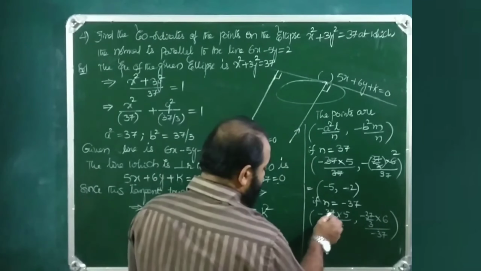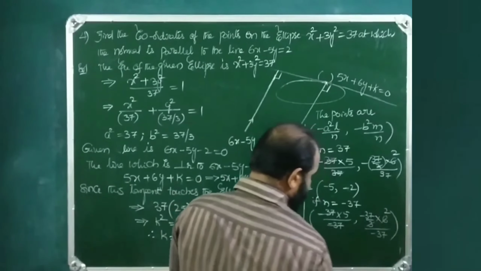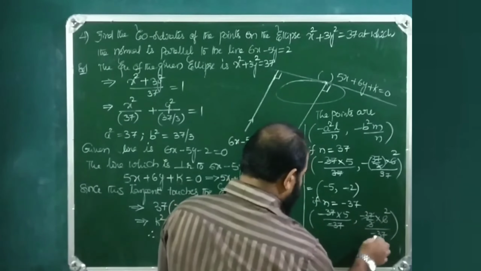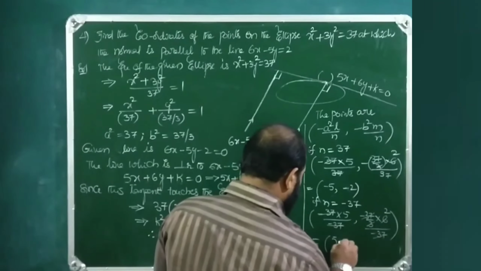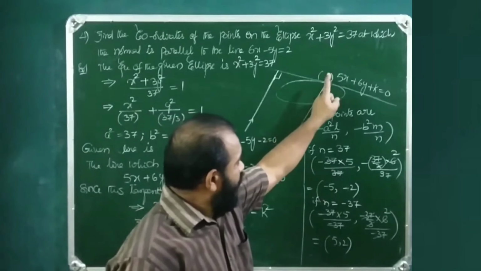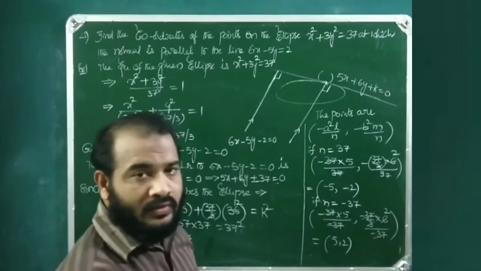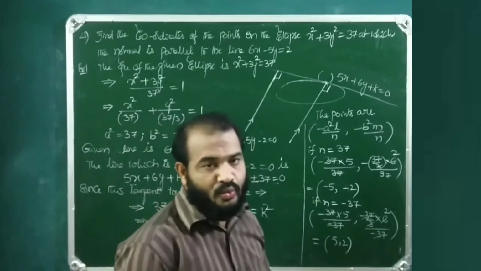So minus 37 gets cancelled. 3 2s are 6. Minus 37 gets cancelled. We get 5 comma 2. So this is 5 comma 2, and there is a possibility of another point also. So that is 5 comma 2.